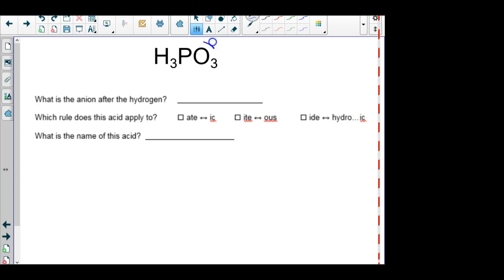So this is phosphite. So phosphite is going to be an ite to ous, but remember phosphorus and sulfur products go back to their name off the periodic table.